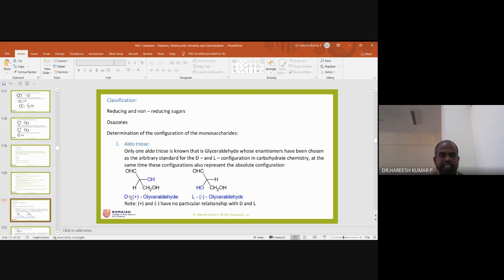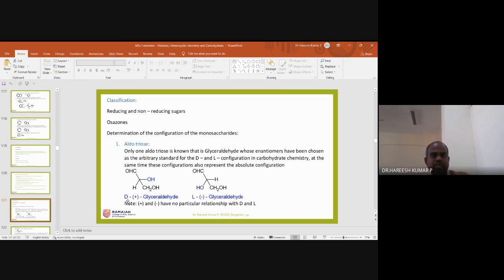which is on the right-hand side, and it is called D. D stands for dextro. It is not related to the experimental phenomenon called optical rotation. Usually plus stands for optical rotation. So plus or minus indicates the optical rotation of a given optically active compound, whereas D is a theoretical phenomenon.